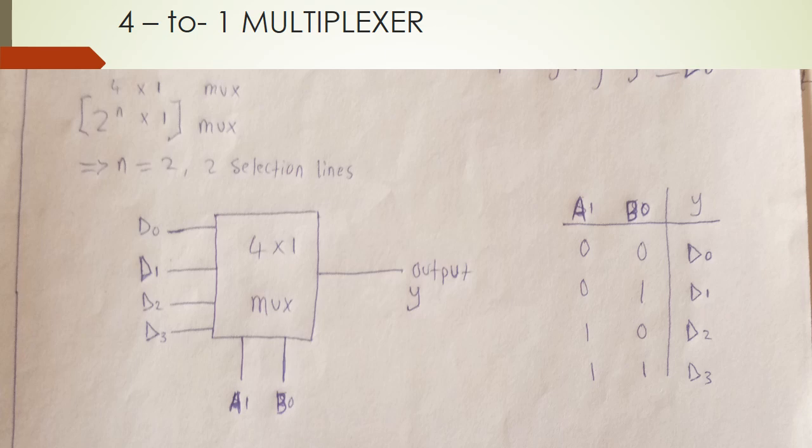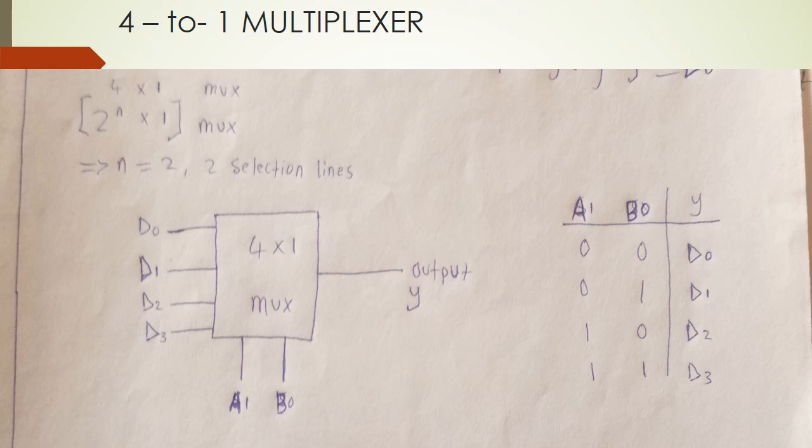That is how we got our select lines, which are the control lines of the multiplexer. Let's look at the diagram to clarify. The two select lines are known as A and B, our input lines are D0, D1, D2, D3, and our output is Y.